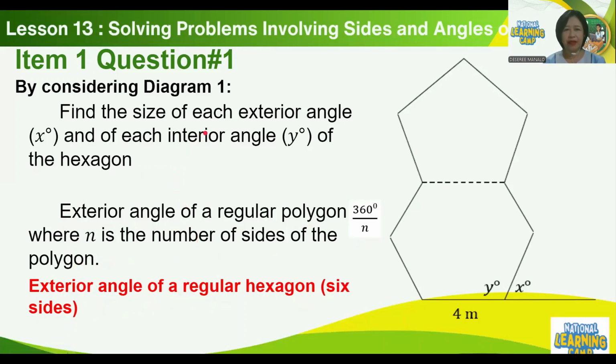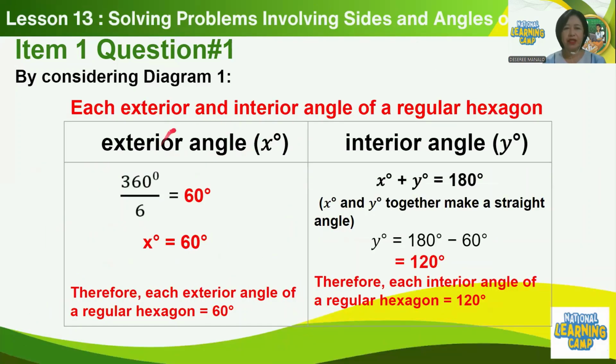Look at the table: each exterior and interior angle of a regular hexagon. The first column is the exterior angle or x degrees. The second is the interior angle or y degrees. So let's use the formula 360 degrees divided by 6, which equals 60 degrees. Therefore, each exterior angle of a regular hexagon is equal to 60 degrees.